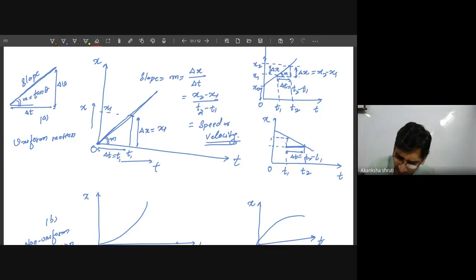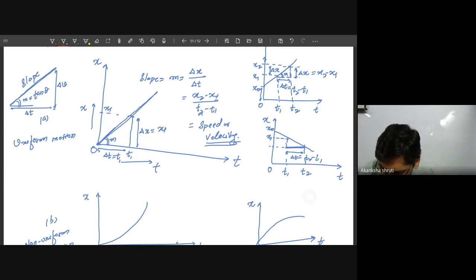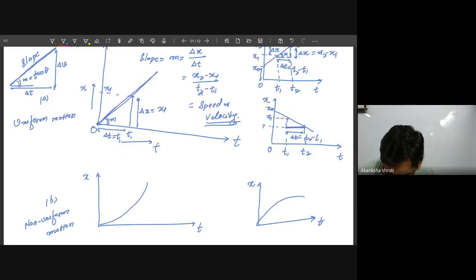Students, what was the initial position at 0? That was x0. But at t1 the position is x1. At t2, going vertically up to the point and then moving left, you get that it is x2. So here x2 is below x1.